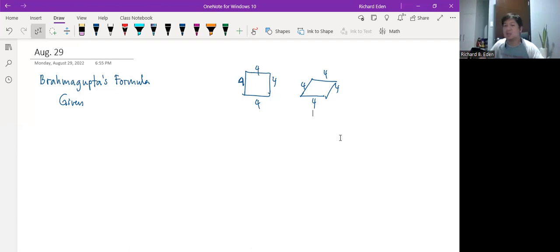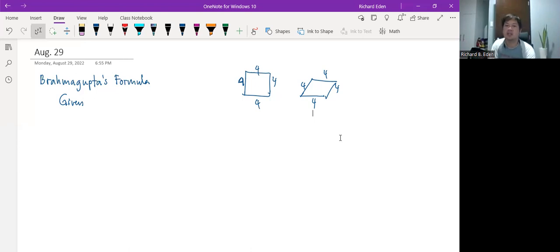So in a sense, there is only one such triangle having those lengths. Therefore, there should be a way to associate a unique area with those three sides, because there is only one such triangle. Not so with a quadrilateral.